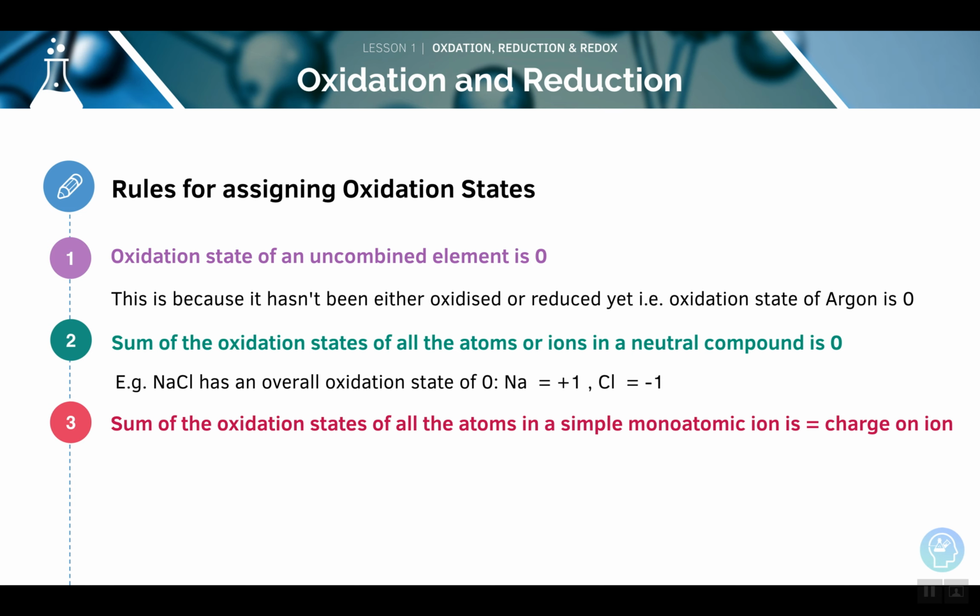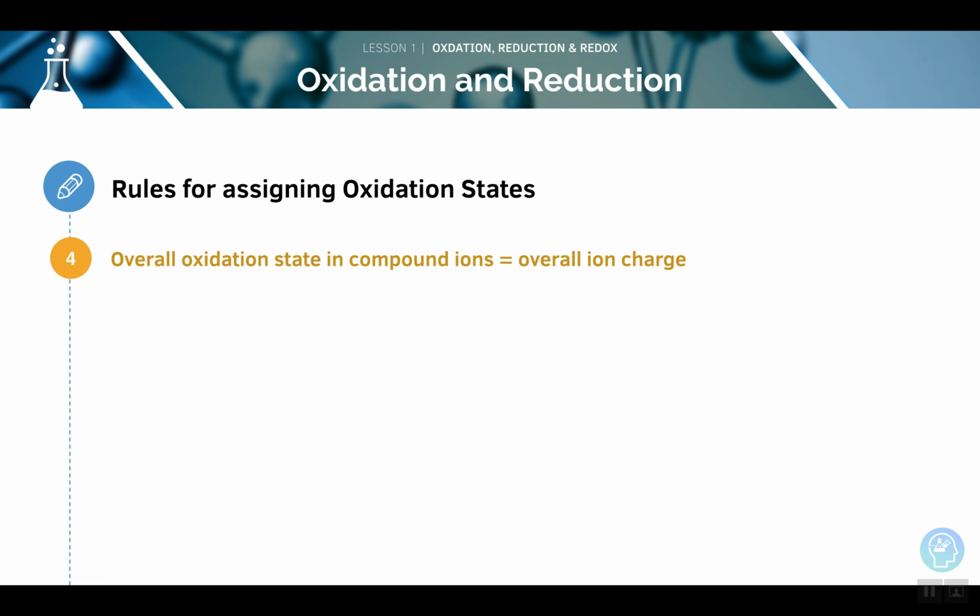Next, the sum of the oxidation states of all the atoms in a simple monatomic ion is equal to the charge on the ion. The K+ ion has an oxidation state of +1. The overall oxidation state in a compound ion is the overall ion charge.